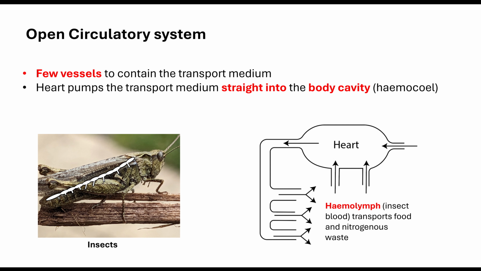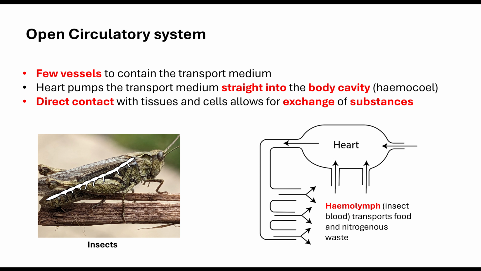So we need this transport system that allows for the delivery of the substances that are required and the removal of the waste product. So it's important to note that the fact that the blood, this transport medium, is going straight into the body cavity means that there's direct contact with the tissues and the cells. So this hemolymph is in direct contact and therefore allows for that exchange of substances.